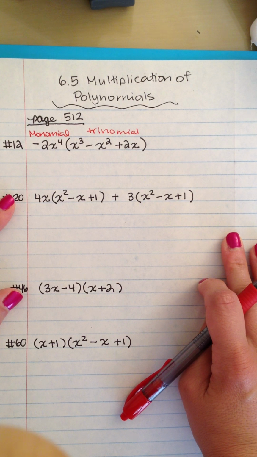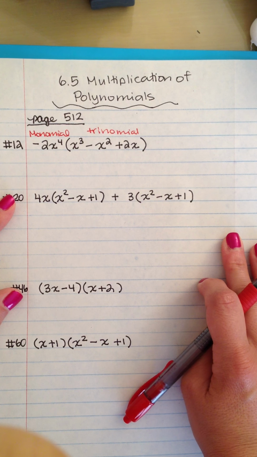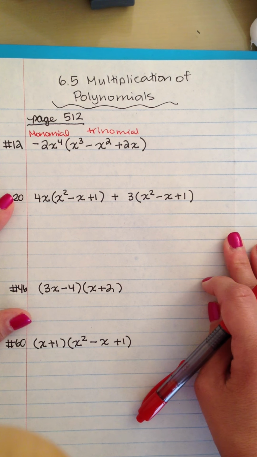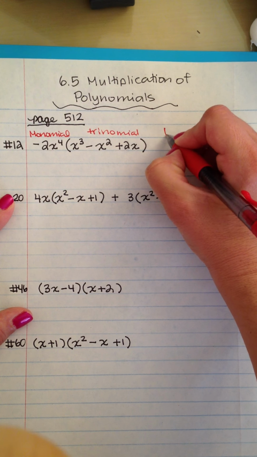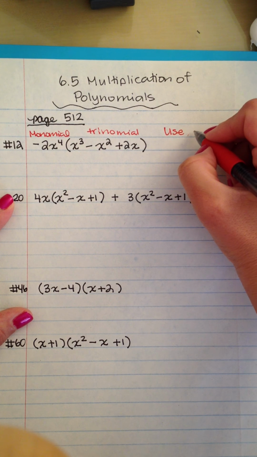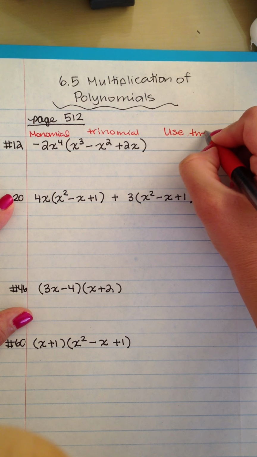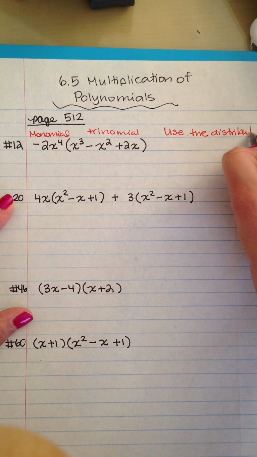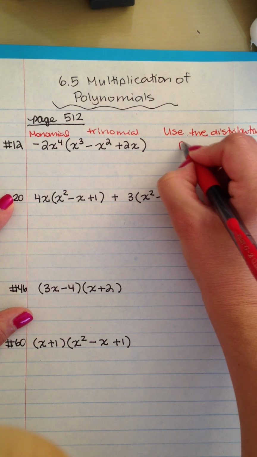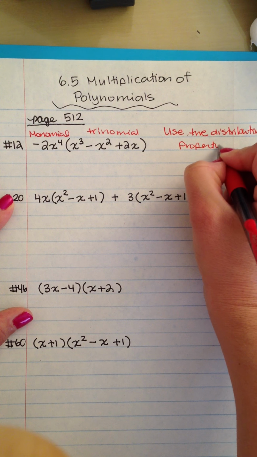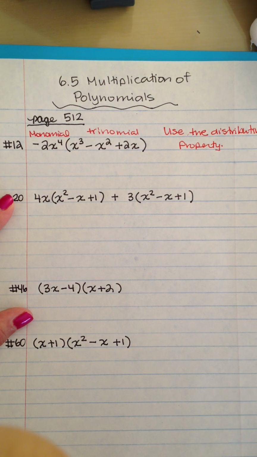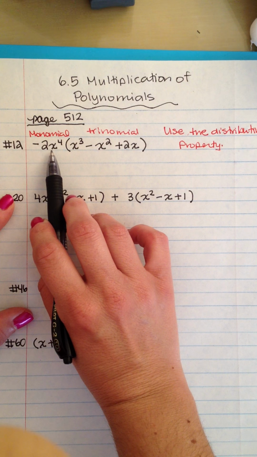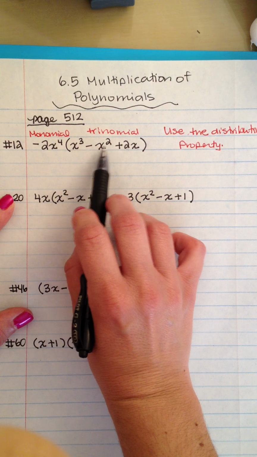If you have a monomial times a polynomial, meaning monomial times binomial or times trinomial or any other polynomial, what you need to do is use the distributive property. When we multiply, we take the monomial, multiply it times all 3 terms.